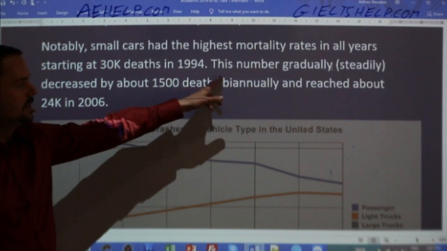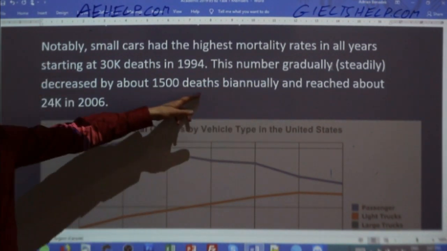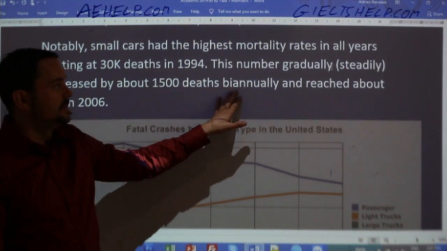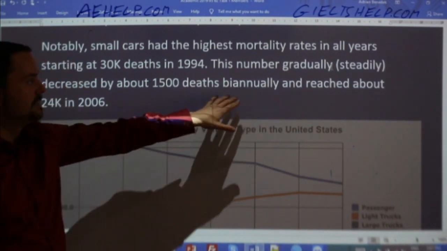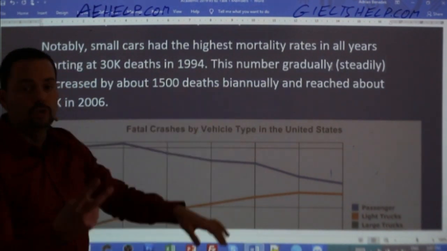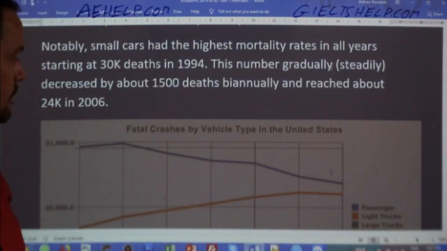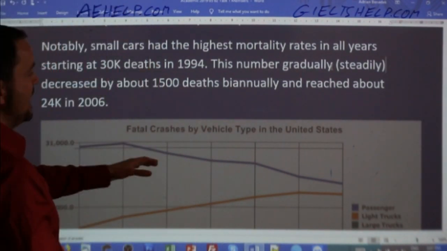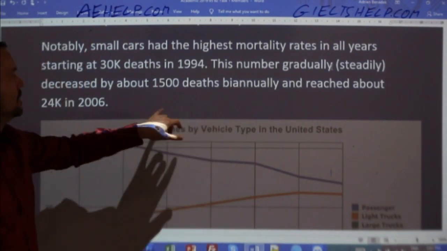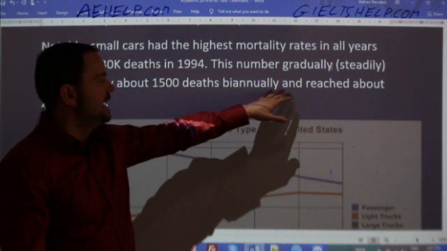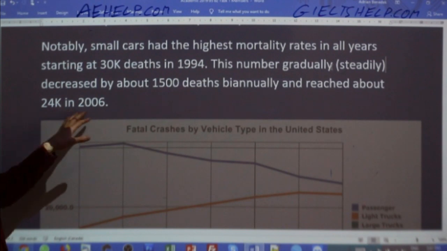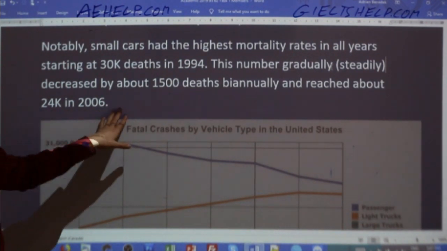Here's an interesting vocabulary for you. And yes, absolutely, this is higher level or it's more fancy vocabulary. Bi meaning two, like bicycle, meaning two wheels, right? So biannually, meaning 2 years. So about 1,500 deaths biannually and reached about 24,000 in 2006. Okay.